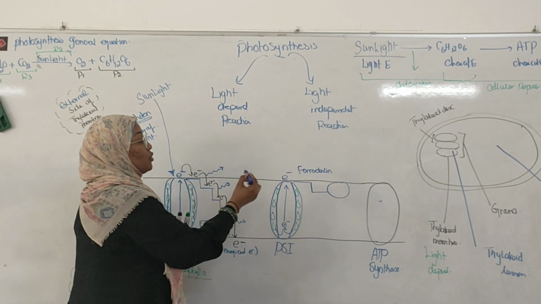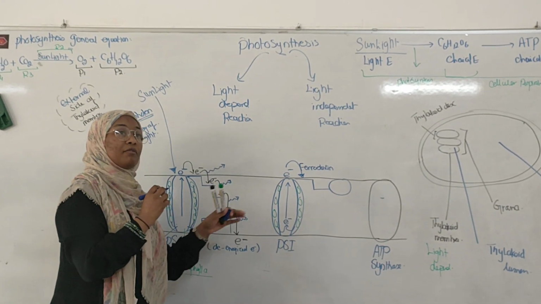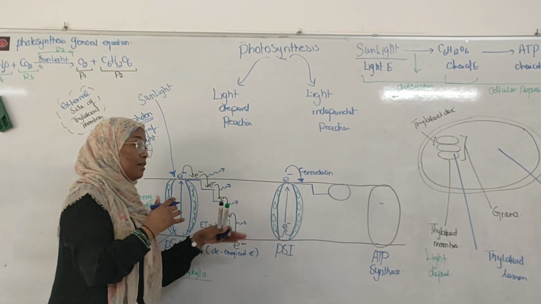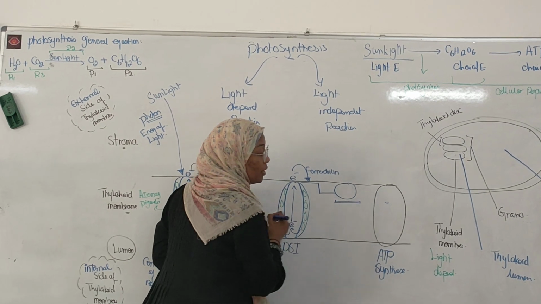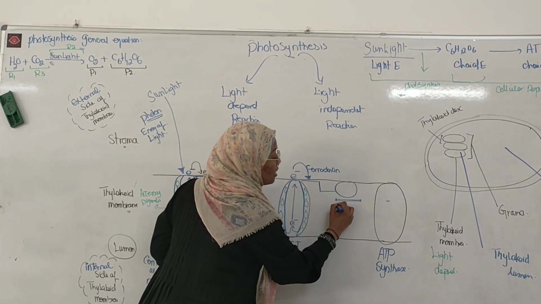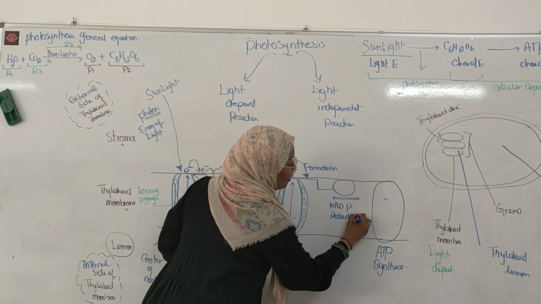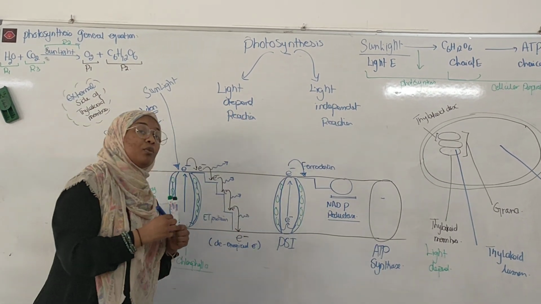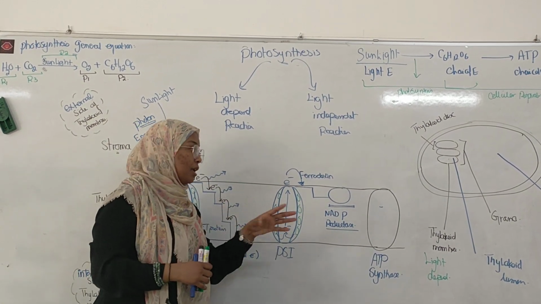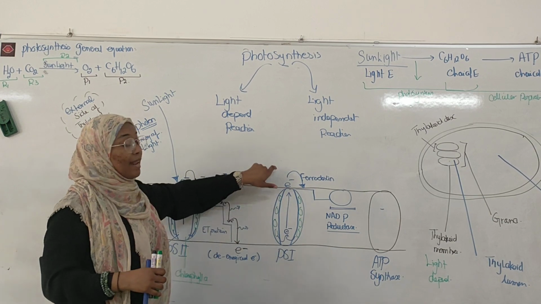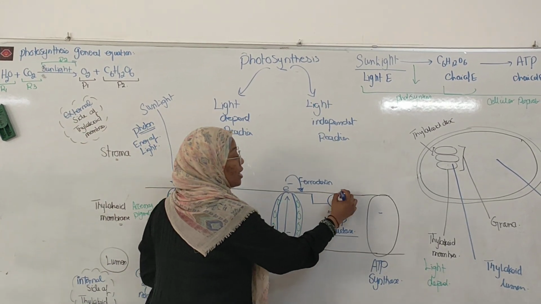Now this electron will jump over to the first electron transport protein, ferredoxin, and later on this electron will combine with an integral membrane protein. We call this membrane protein NADP reductase. And from the name you would know that it works in reduction. So the electron over here combines with the NADP reductase.